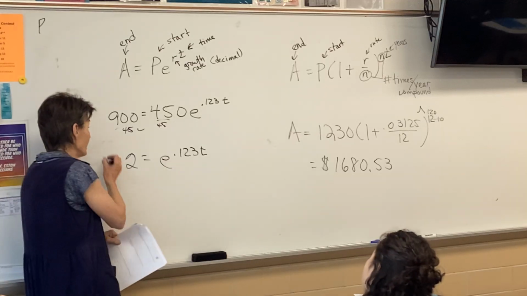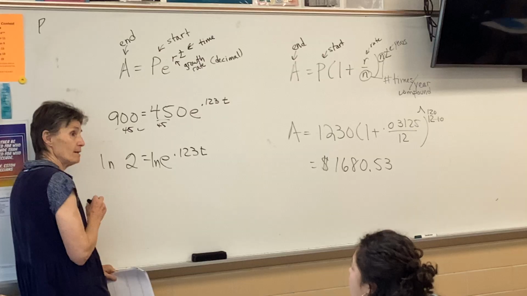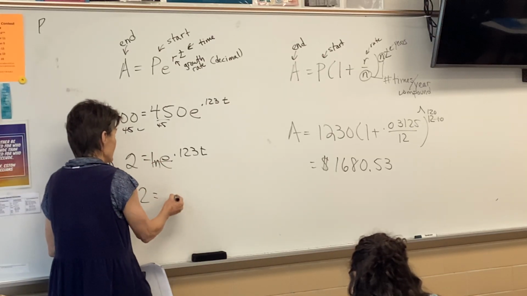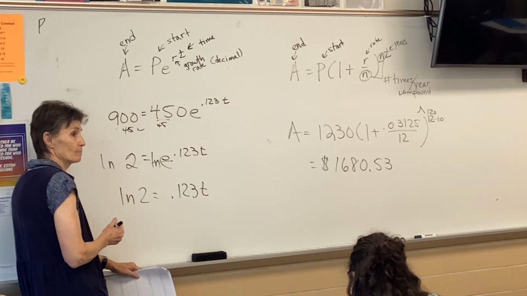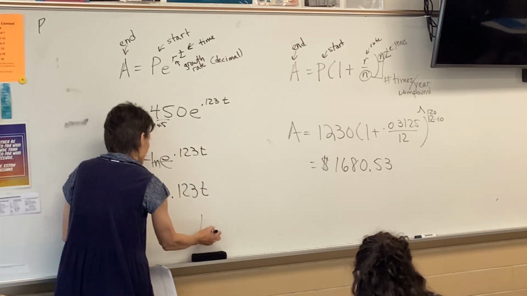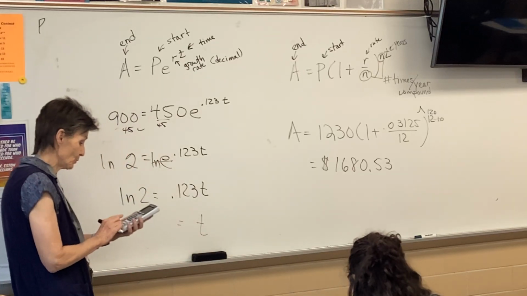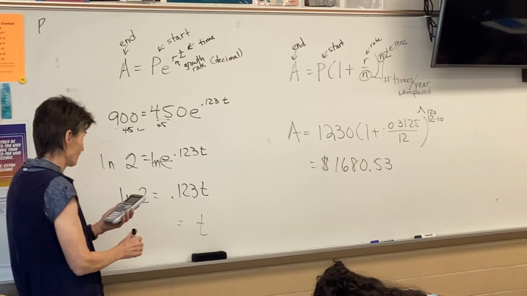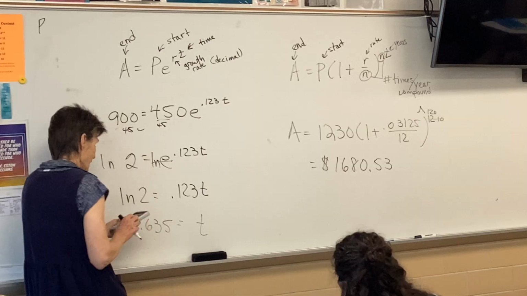In this case, I'll ln. I could log, but it's easier to ln. So ln 2 equals 0.123t. So t equals ln 2 divided by 0.123, which is 5.635.